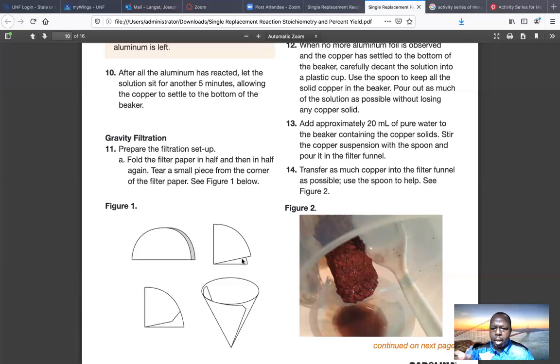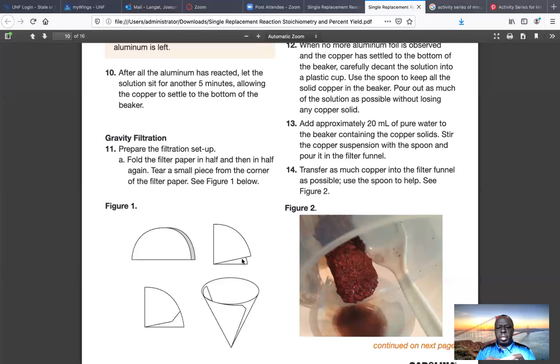This is called the pipette, the one you may have seen. With water, I'm just going to rinse it onto the funnel until I have everything on the funnel here. The rest of the direction will be straightforward on how to wash.